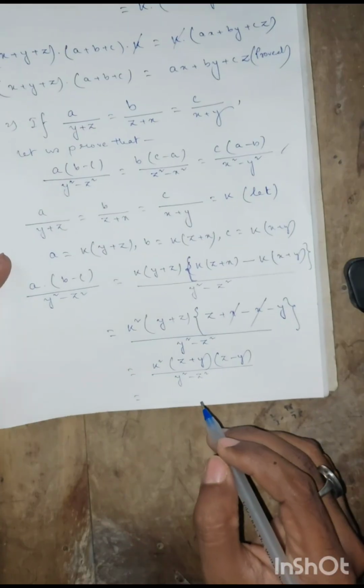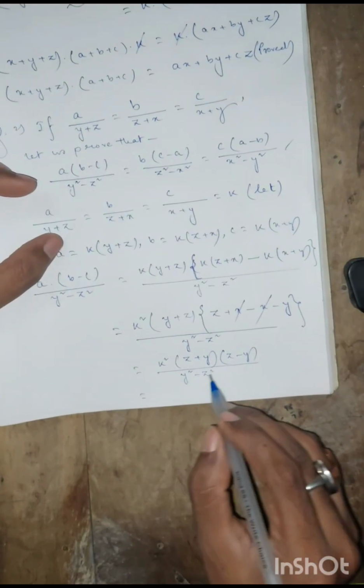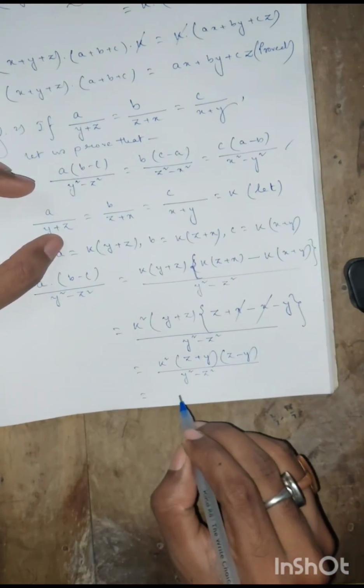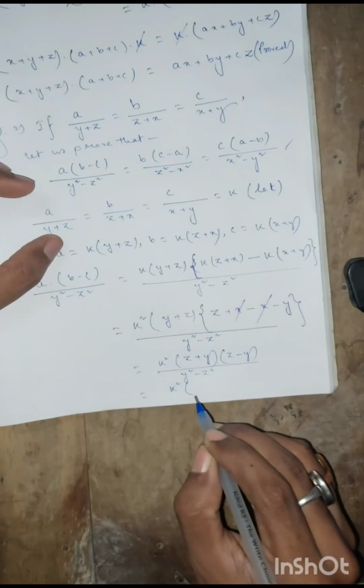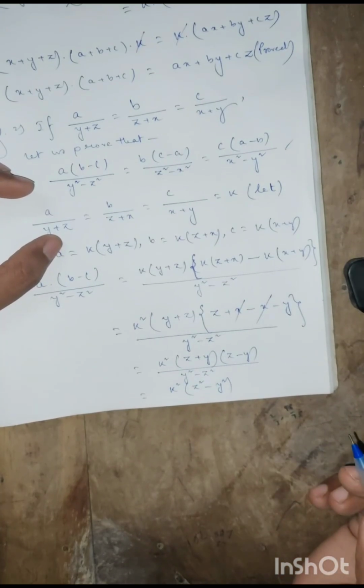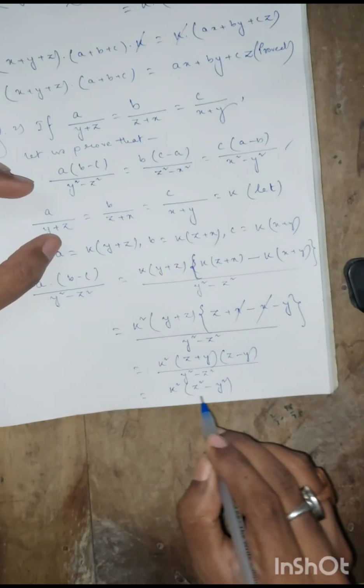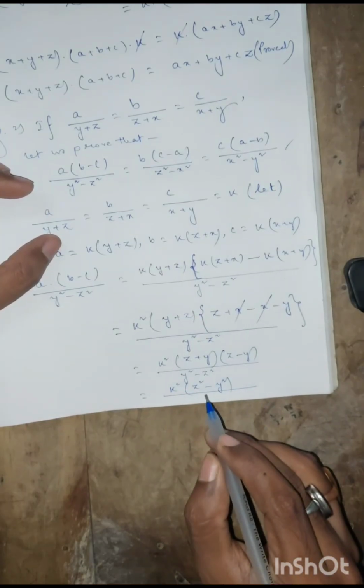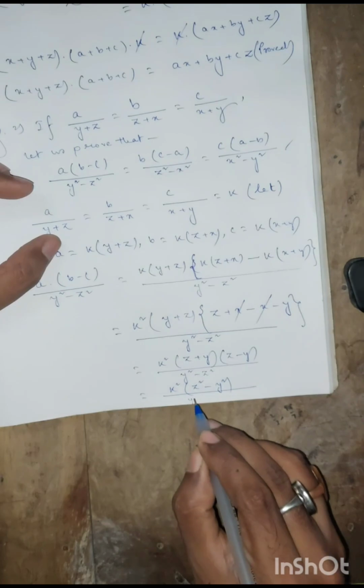Now we can say that (z plus y) and (z minus y) can be written as (z square minus y square) by (y square minus z square).